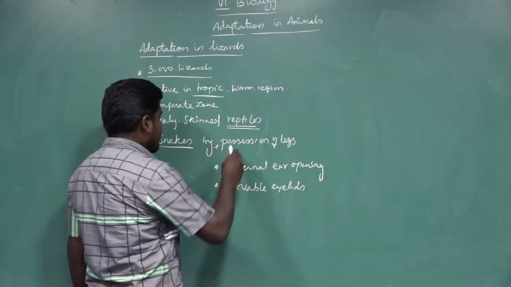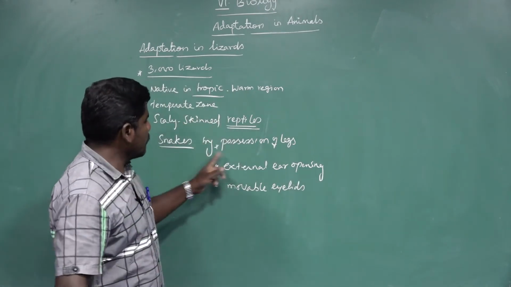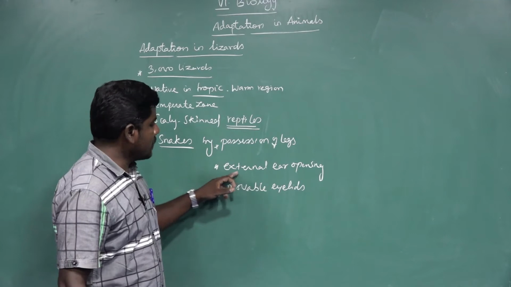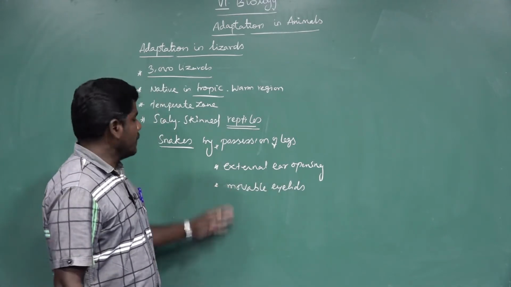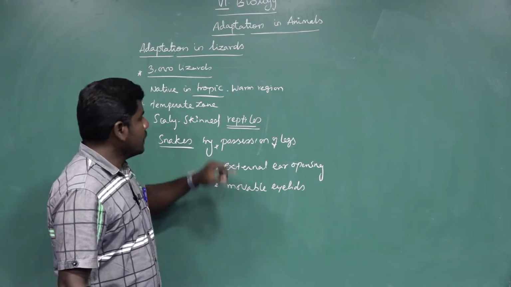So those are the distinguishing characters of lizards and snakes: the position of legs, external ear opening, and movable eyelids.